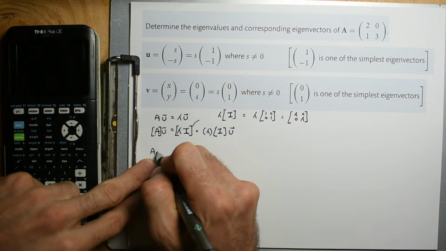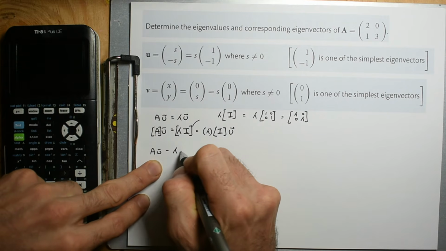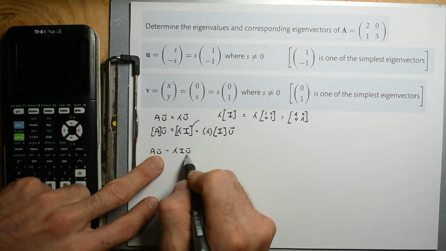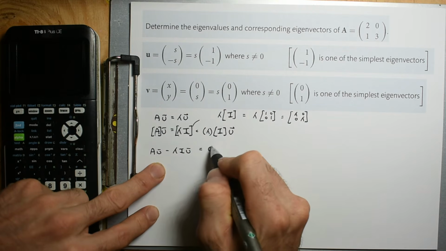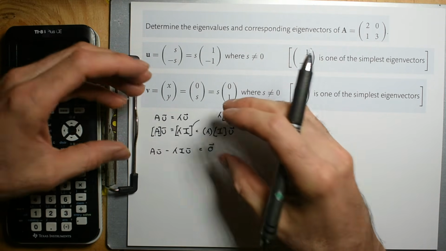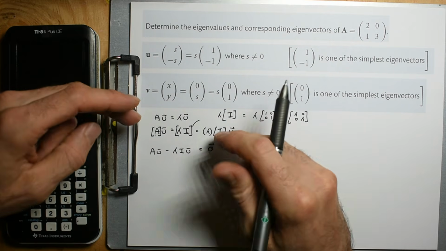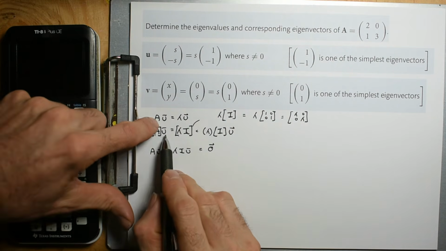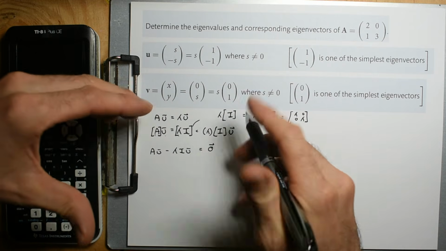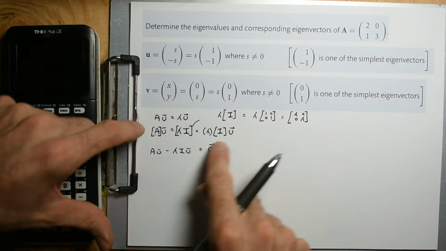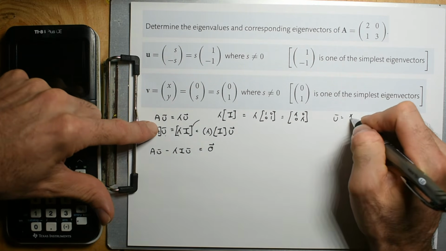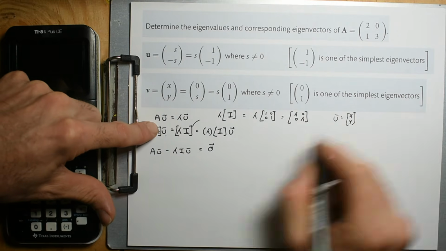Now we're going to take this and subtract it from the other side. So we have A u minus scalar identity u. Now I'm going to factor out u because it's common, and this is the 0 vector. This is a 2 by 2, and when you multiply it by u, which is an x, y, a 2 by 1, the solution is a 2 by 1.